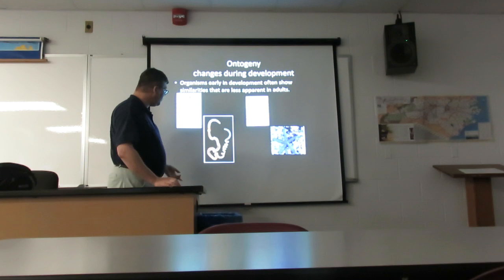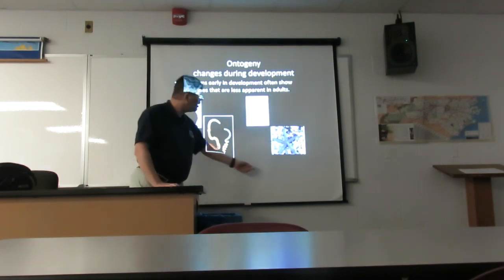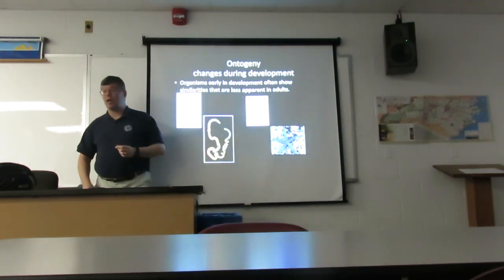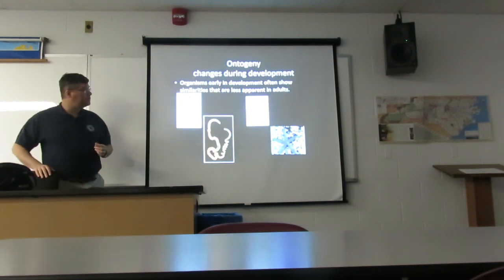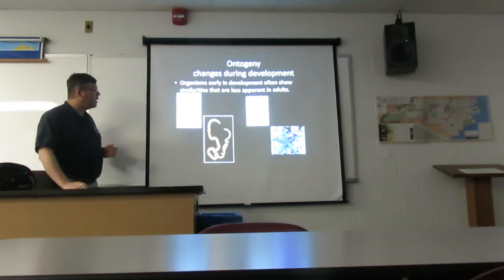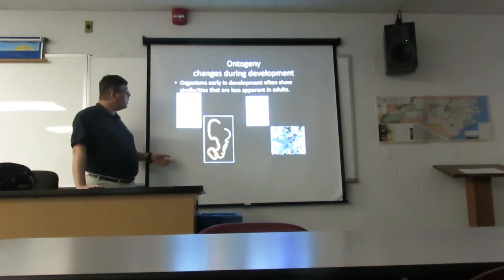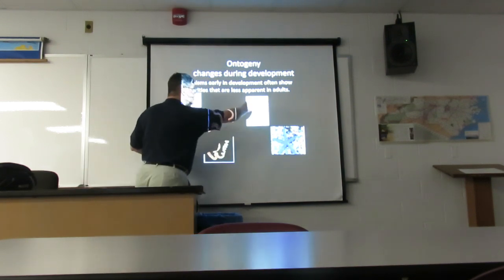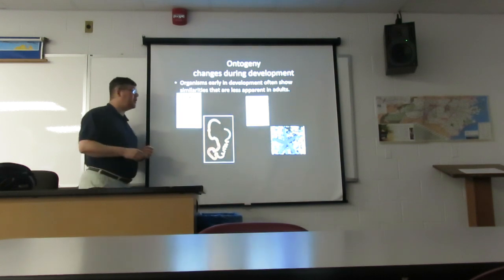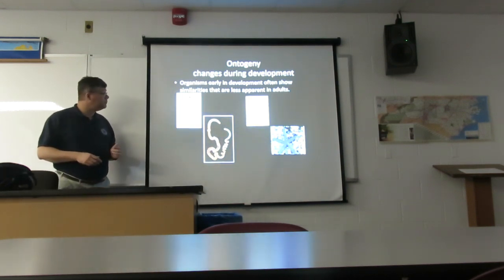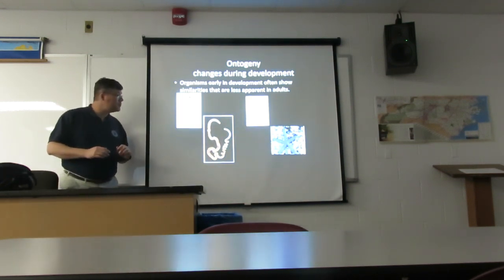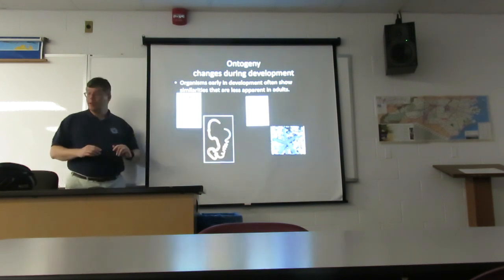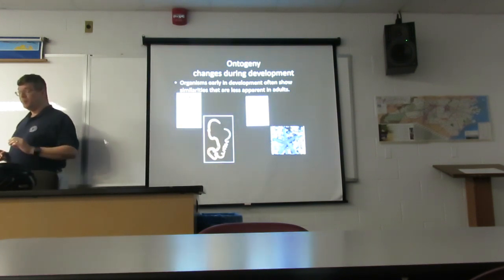Here's a classic example. The acorn worm here and the starfish do not look much like each other. But when we look at the larvae, both of them have a rather complexly squiggly band of cilia around them.